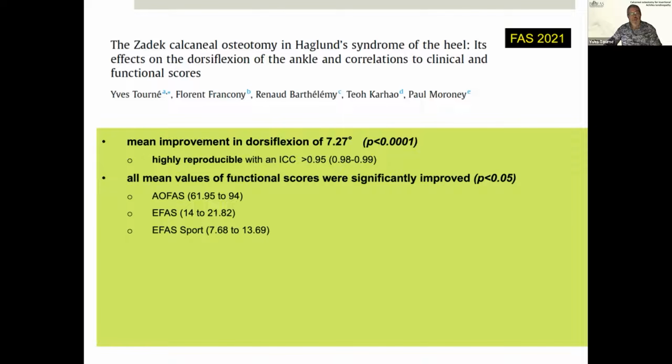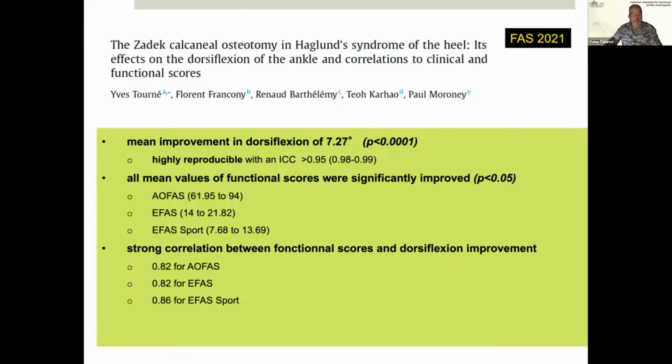All the mean values of the functional scores were also significantly improved: AOFAS, EFAS, and EFAS sports, and also a strong correlation between the functional score and the dorsiflexion. So we make cross significance.